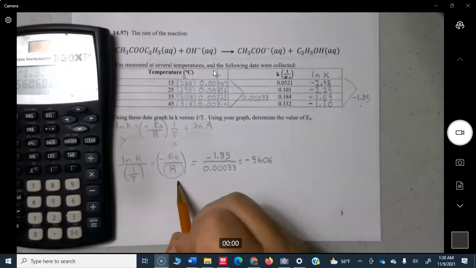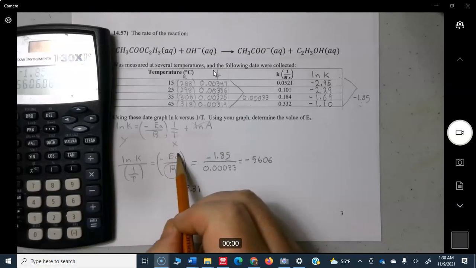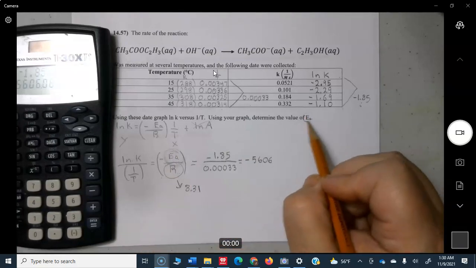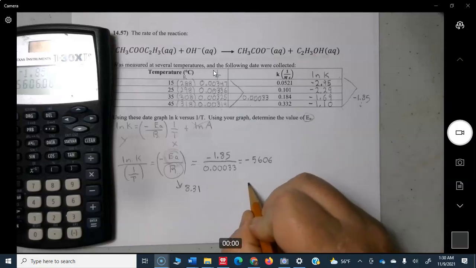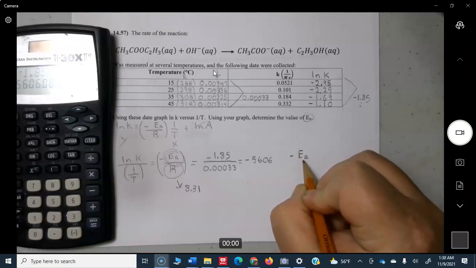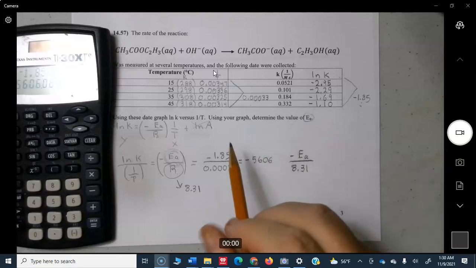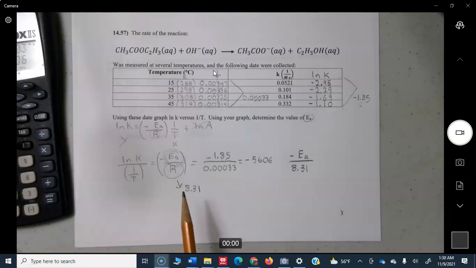Now this is a constant, and we know that this constant is 8.31. So if we want to know EA, that's what the question's asking us for. I'll come over here and write it out. So negative EA over 8.31. That's the gas constant that we use in this problem, not the 0.08211.